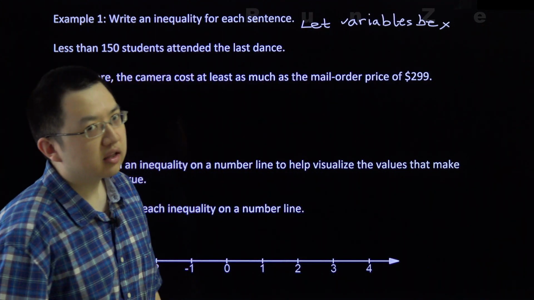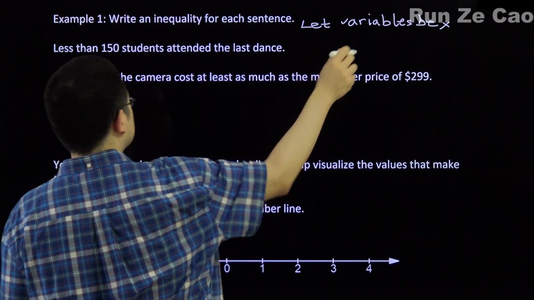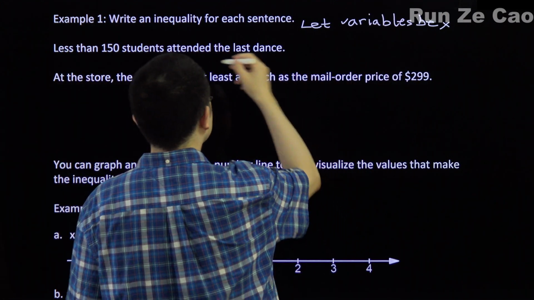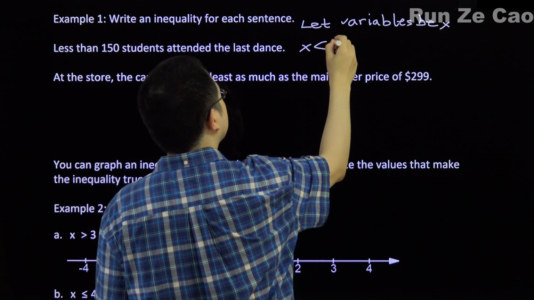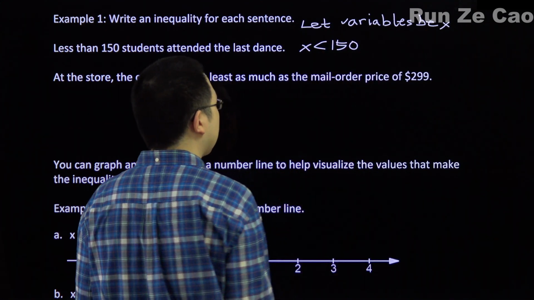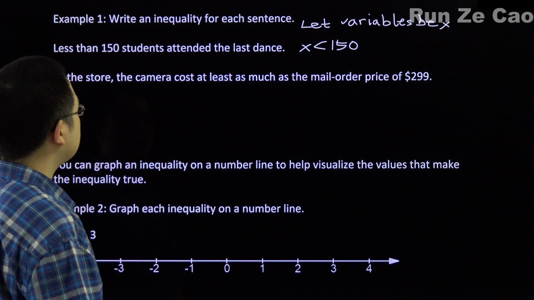If we didn't need a let statement, you could have written s is less than 150, because s for students. So this would be x is less than 150 because we said let the variables be x.